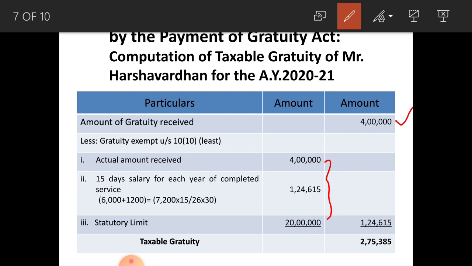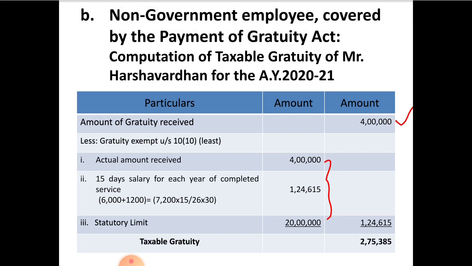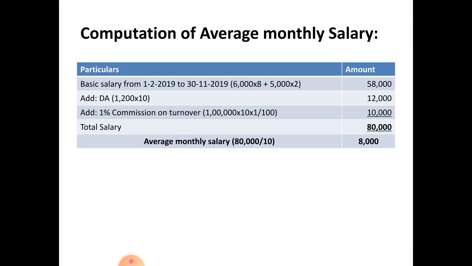So his taxable gratuity is 2,75,385 when he is covered by the Payment of Gratuity Act. Okay. The taxable gratuity amount is 2,75,385.